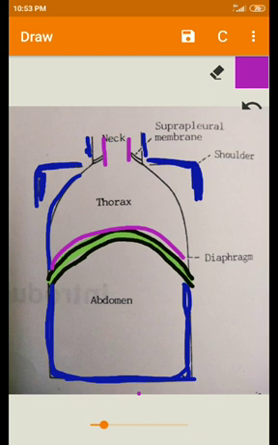The narrower upper end is continuous with the root of the neck.